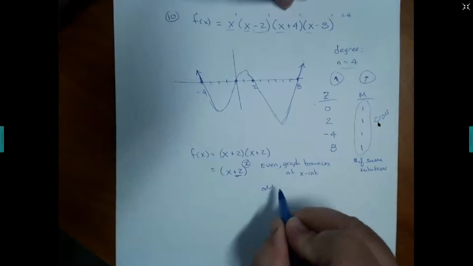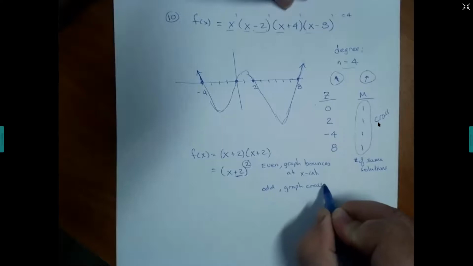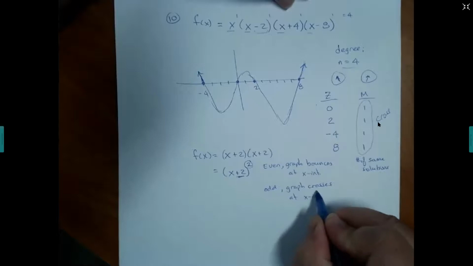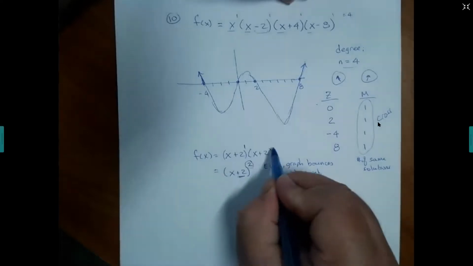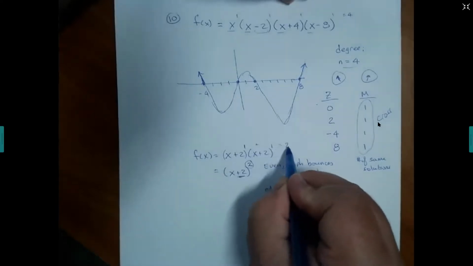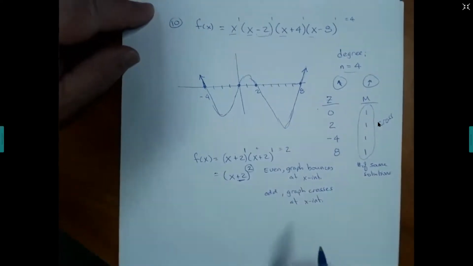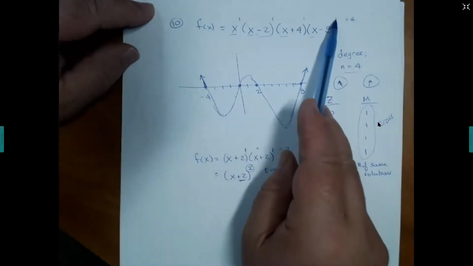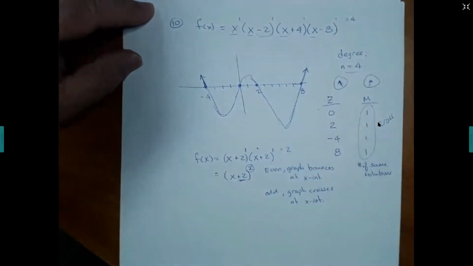If it's odd, the graph crosses at that x-intercept. So this is 1 and 1. If you add up all those, you get 2. So with this, we look at each one of these, since they're all odd exponents, we know that through each point, they're going to cross.